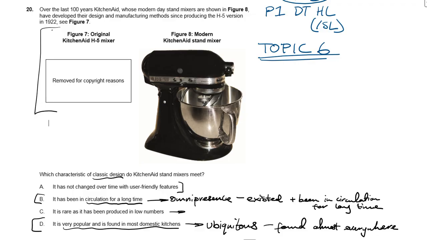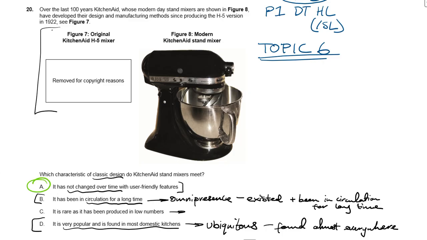It's very big. It's not user friendly. This one is more user friendly. It has a nice clear handle. It probably has just one button here. And that makes everything much easier, but the design itself has not changed over time, right? And so that's our answer.